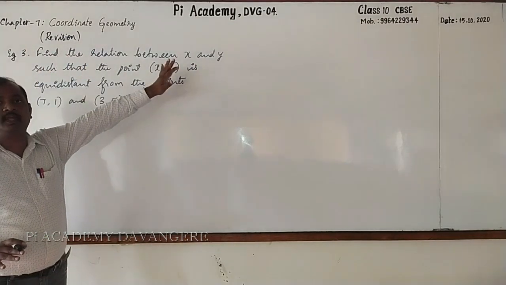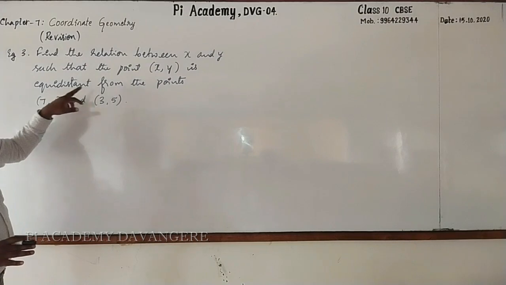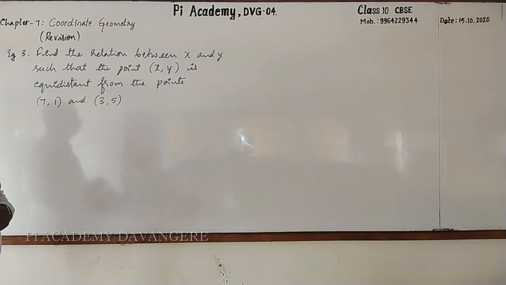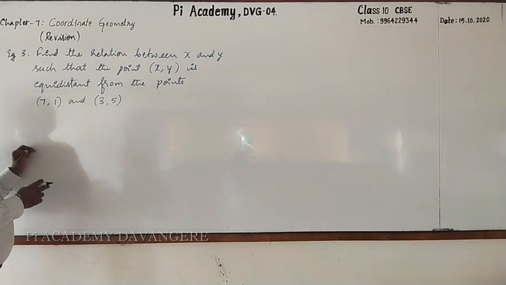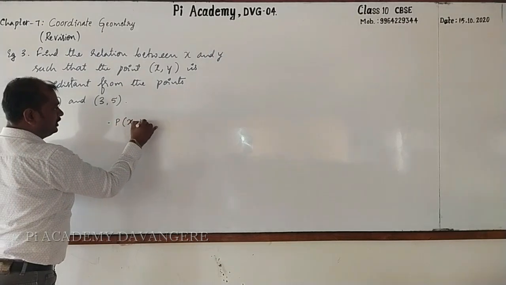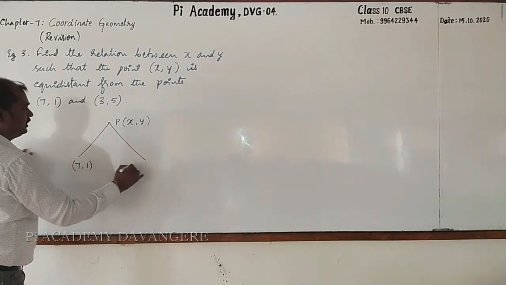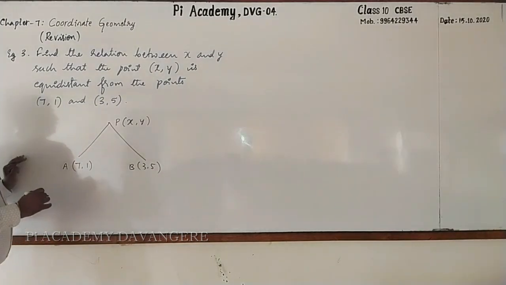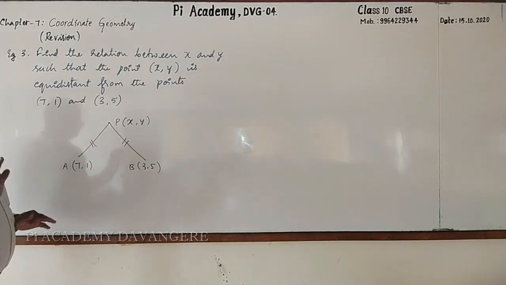Find the relation between x and y such that the point (x, y) is equidistant from the points (7, 1) and (3, 5). You may call the point (x, y) as P. P is equidistant from (7, 1), call this A, and (3, 5), call it B. Observe here AP equal to BP. Followed?